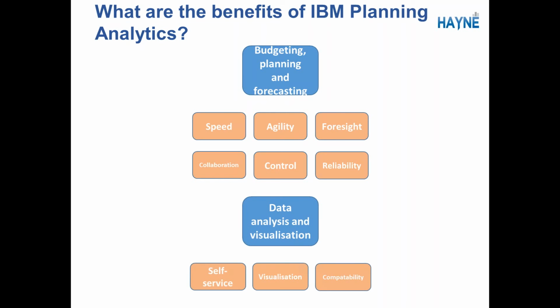And as well as being budgeting, forecasting, and planning, I think it's perhaps a little bit unfortunate that we call it IBM Planning Analytics, because what it disguises is the fact that we've got great ability to do data analysis and visualization, all within the same tool. And with that, we've got 3 attributes we look at. We've got self-service, the ability to self-serve or at least be self-sufficient from a user point of view, which takes the pressure off the Office of Finance, who are often asked to supply this kind of information.